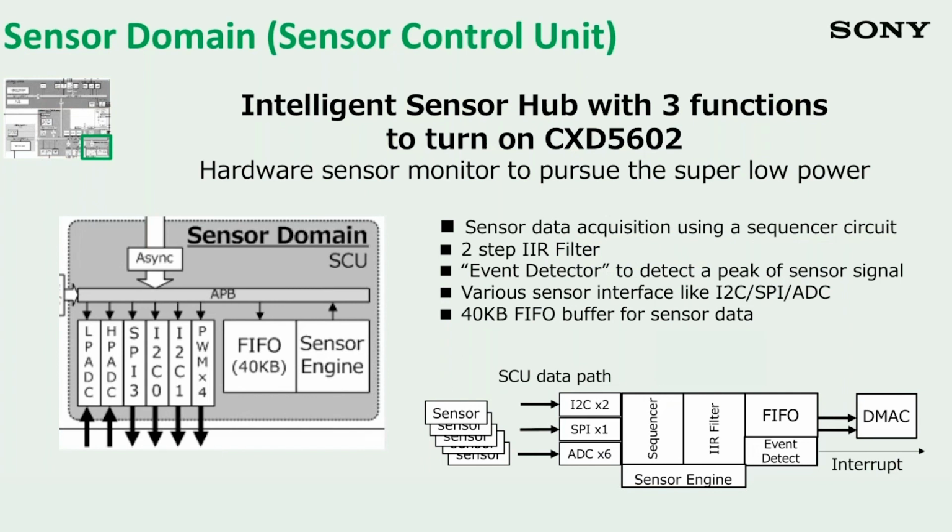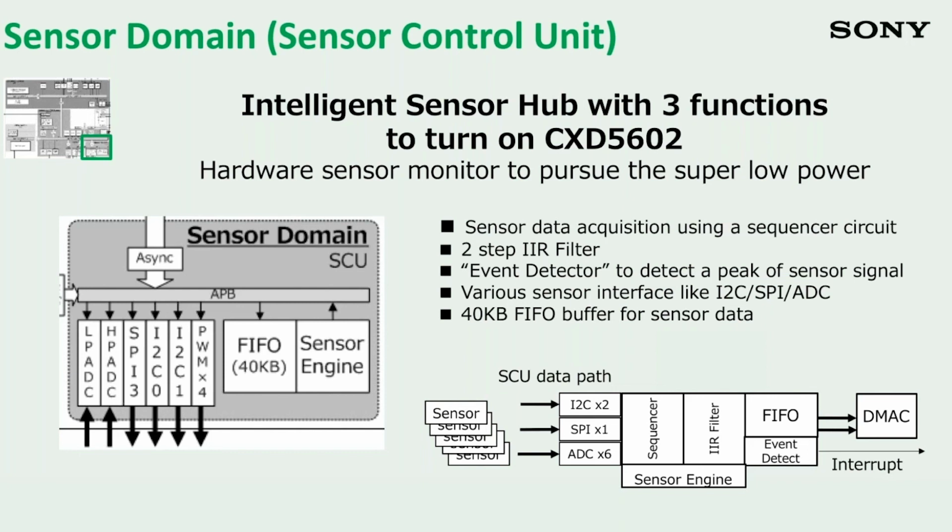The last one, not the last one, actually I have one more. So this is about the sensor. This is the green one, the one that is first, before everybody else is waking up, because it gets all of the sensor data. We are getting a bunch of data from our sensors, and this block is controlling all of that. You can get this data from I2C, SPI, or ADC, any of these. And then you have a sensor engine. In this sensor engine, you are doing sequencer and FIR filter.